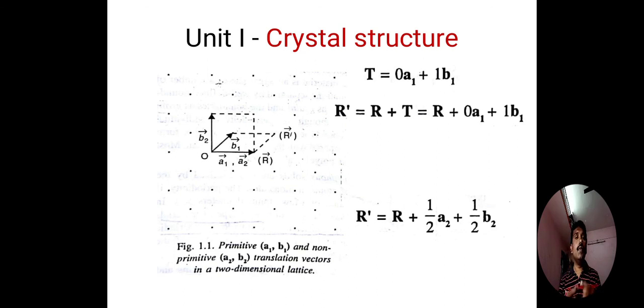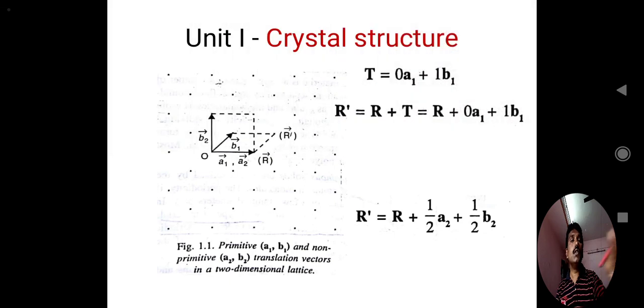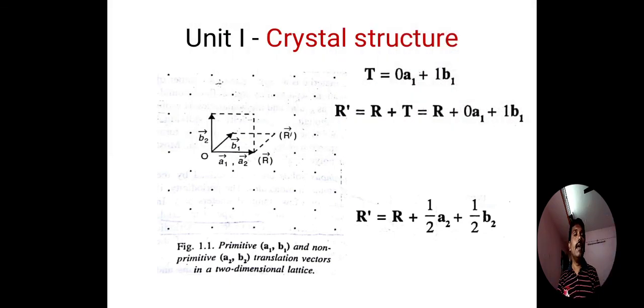In a simple way, there are three vectors a, b and c at certain fixed distances. It is not necessary that every solid will be similar; it will be different according to the type of crystal structure or solid.